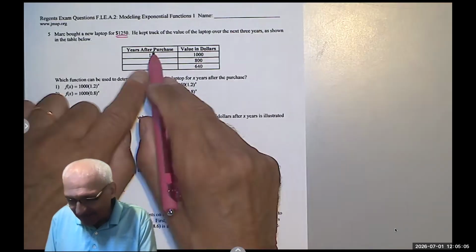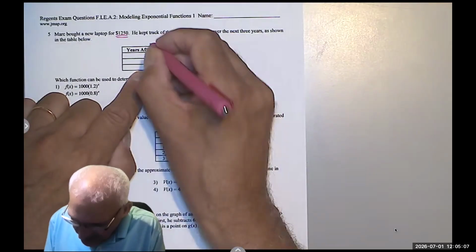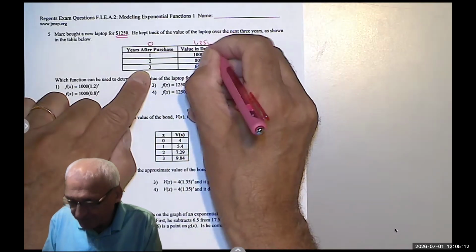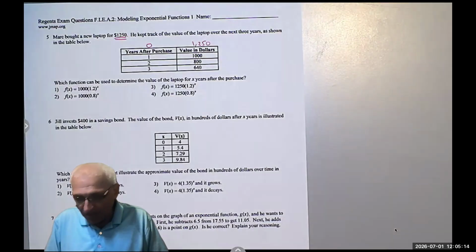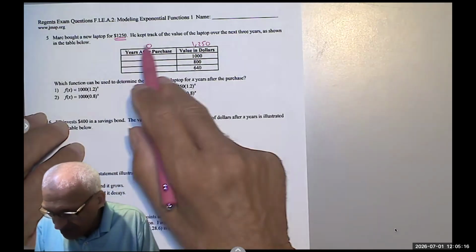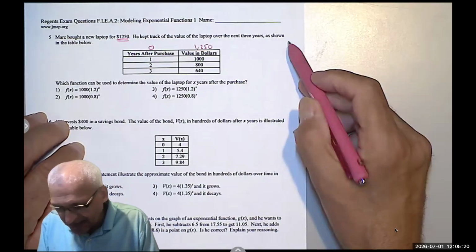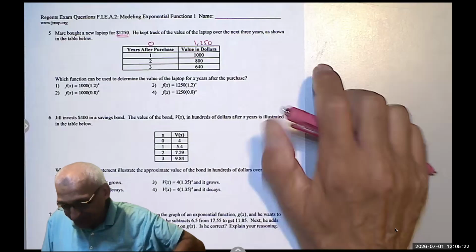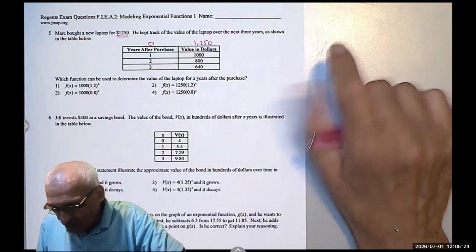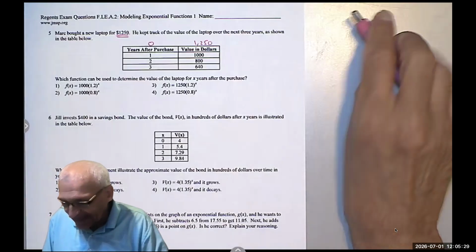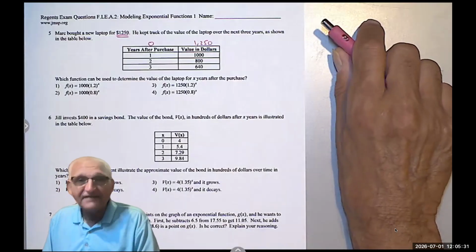So I can add another row here that says year 0, it was $1250. Now, he kept track of the value of the laptop over the next 3 years as shown in the table below. Which function can be used to determine the value of the laptop for X years after the purchase?